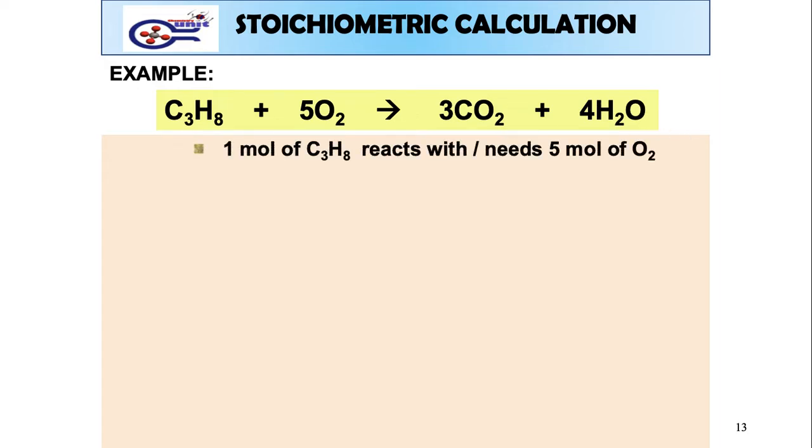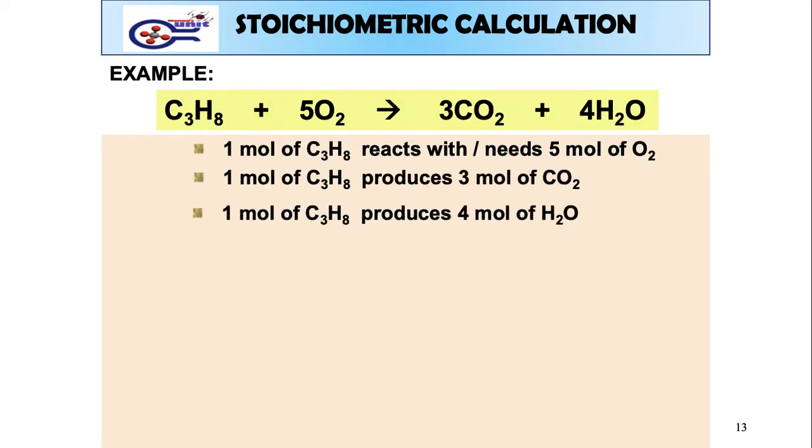So from this chemical equation, you can say that 1 mole of hydrocarbon reacts with 5 mole of oxygen to produce 3 mole of carbon dioxide and 4 mole of water. This is not the actual number of mole, it's just the ratio or the relative quantity.